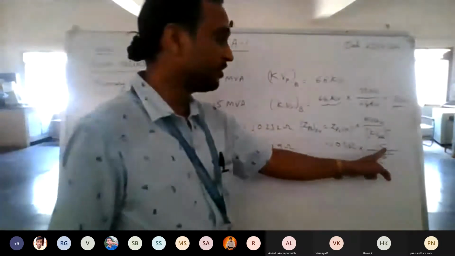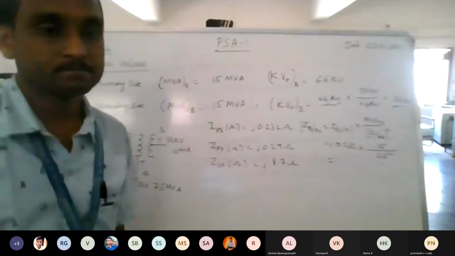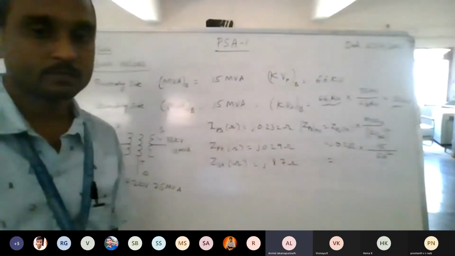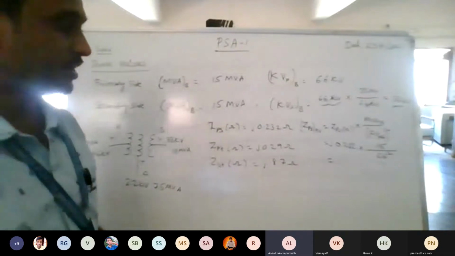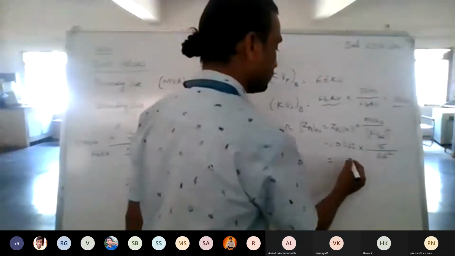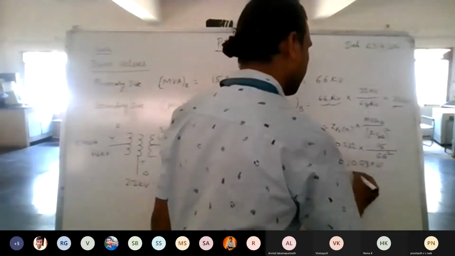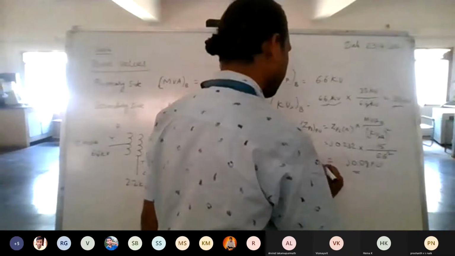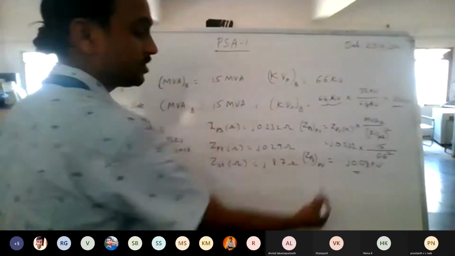J0.232 into 15 by 6.6 squared. That gives J0.08 per unit. This is equal to ZPS per unit. So ZPS ohm is converted into ZPS per unit.